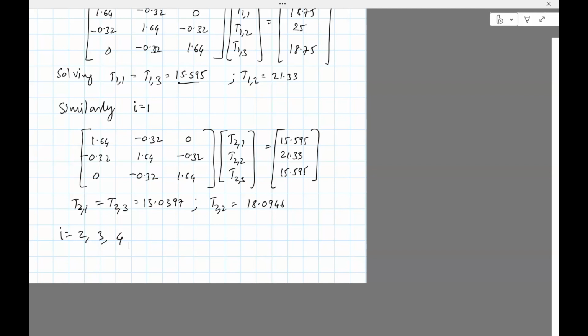So now this will give you another temperature profile, which I'm going to write down as a final solution when you do it for 2, 3, 4. So let's write the solution for the entire grid, with i and j swapped.